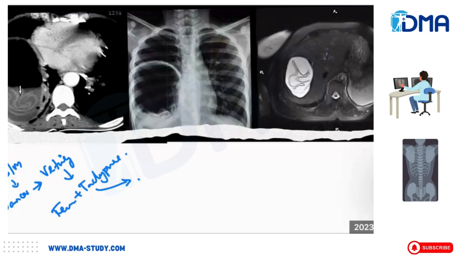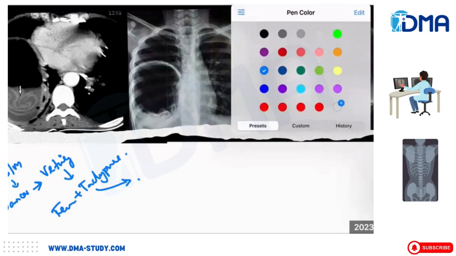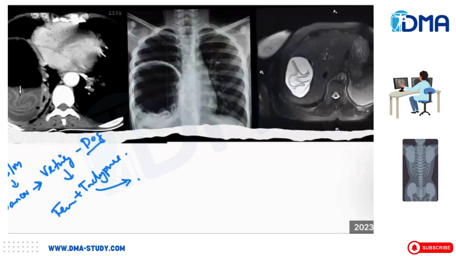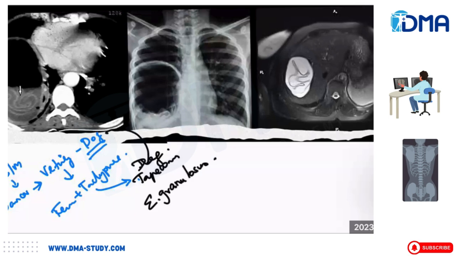First, see, I gave you a hint of dog. Dog means what could be the possible organism that is involved? It could be a dog tapeworm. What is a dog tapeworm? This is Echinococcus granulosus.